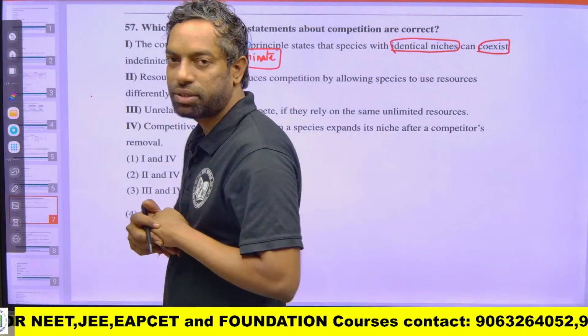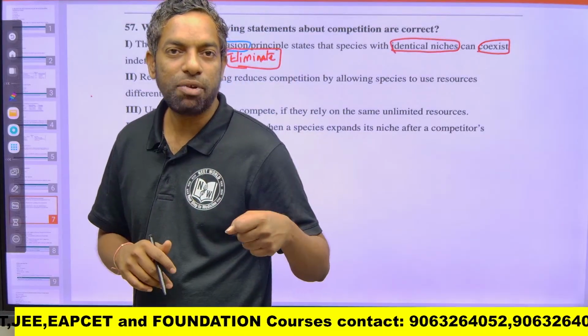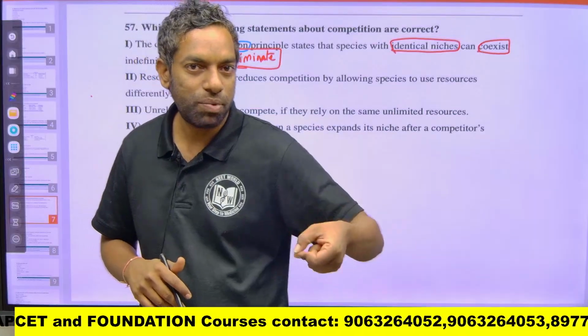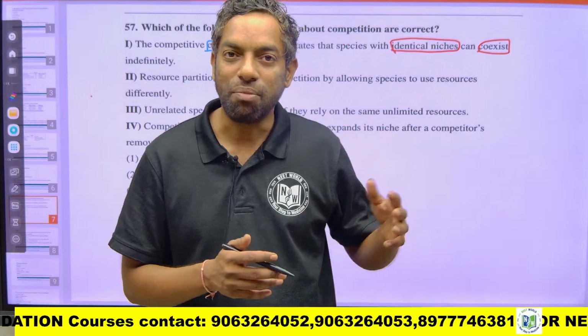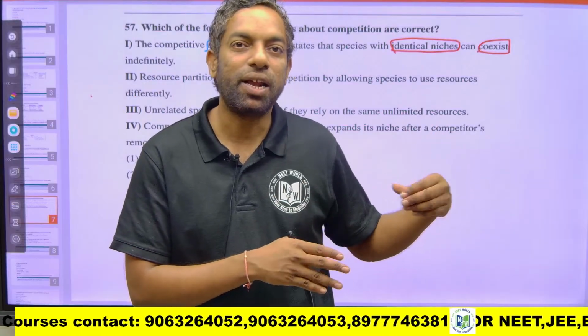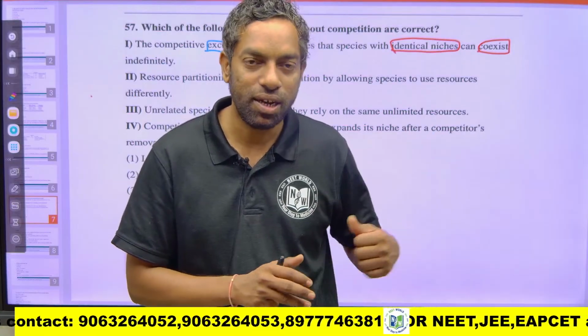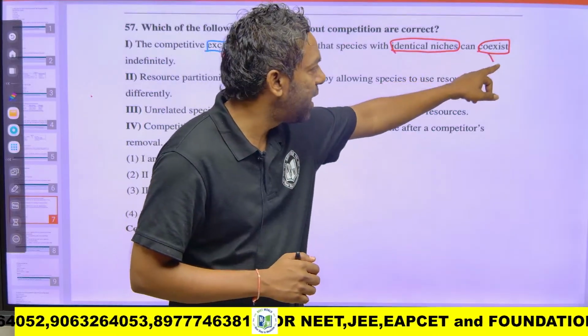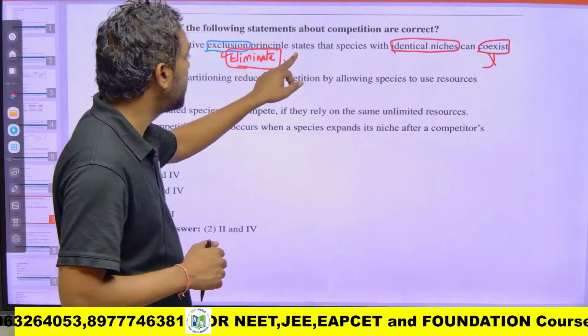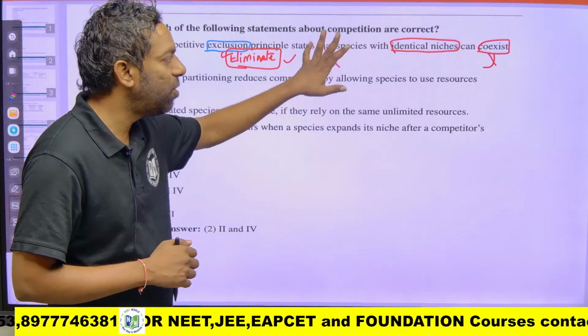The species which is stronger can stay stable, and the least strong species can be eliminated from the resources. Between the competition, if the strong species can eliminate the other species which is less strong, they do not coexist at all if one is excluded. So statement 1 is absolutely wrong.